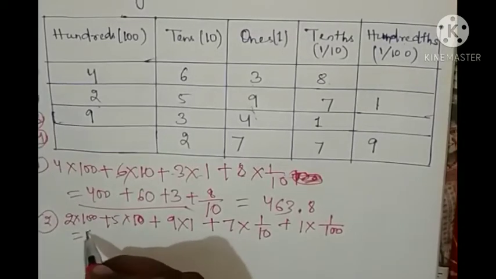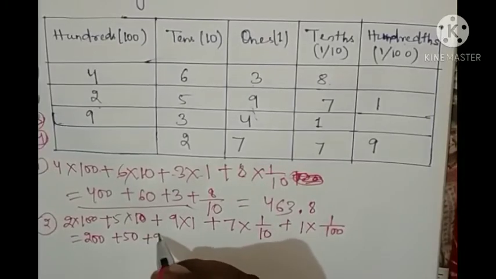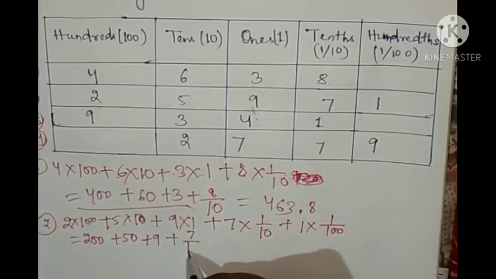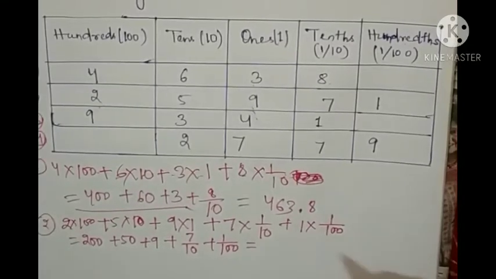So you can write it as 200 plus 50 plus 9 plus 7 by 10 plus 1 by 100, equal to how much?